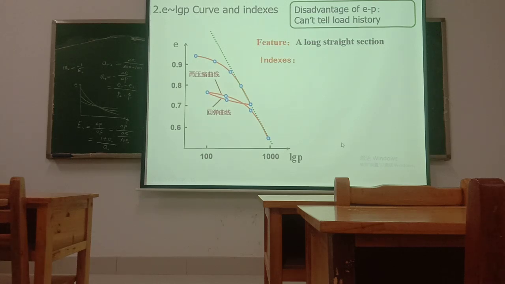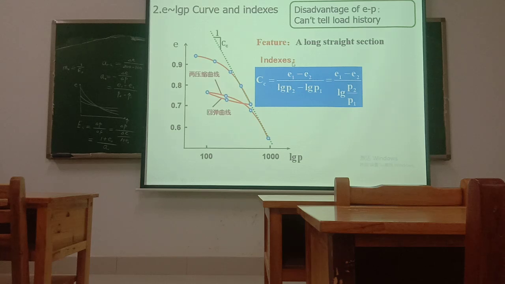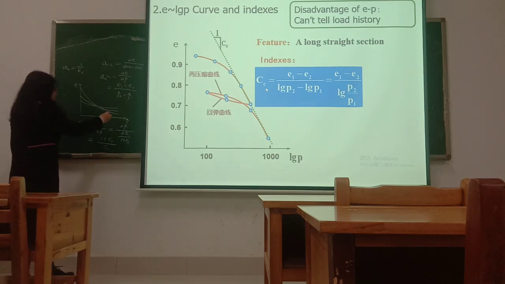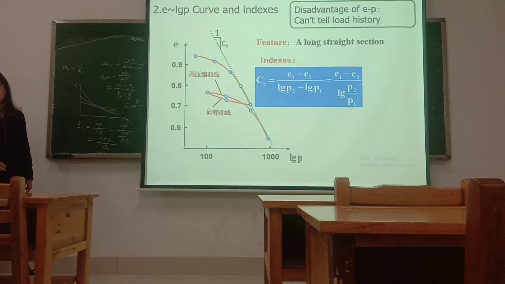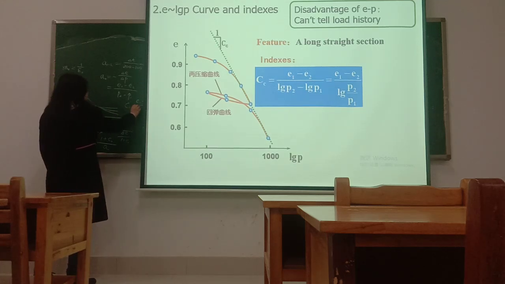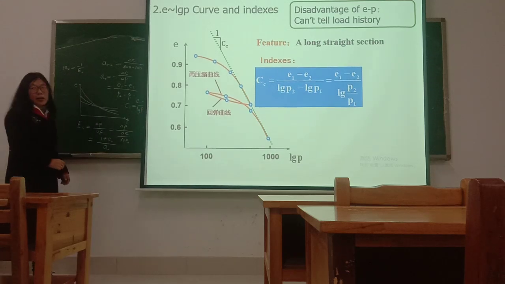Okay. So here we define a compressibility index, Cc. We use the differential void ratio divided by log p2 minus log p1. Okay.